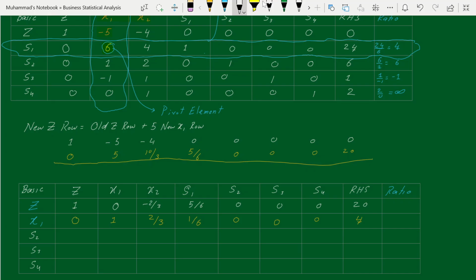Okay, so now we will find out the new S2 row. For that I will delete the previous rows again.